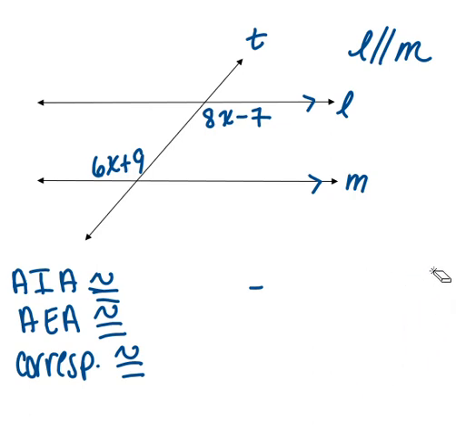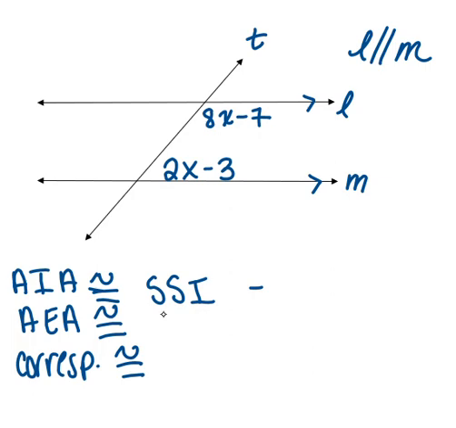Now if I change the problem up a little bit, and I put a different expression, such as 2x minus 3, I now have two expressions in the same side interior position.